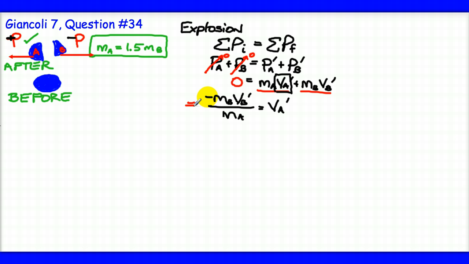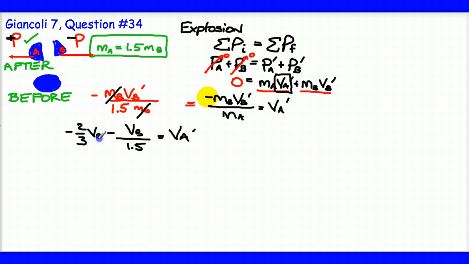I can substitute the mass of A with 1.5 times the mass of B down here in the denominator, and in the numerator I get negative MB VB prime. The mass of B cancels out, and I'm left with negative VB over 1.5 is equal to VA prime. Another way of writing that is 1 over 1.5, or negative 2/3 VB. That should be negative here. Okay.